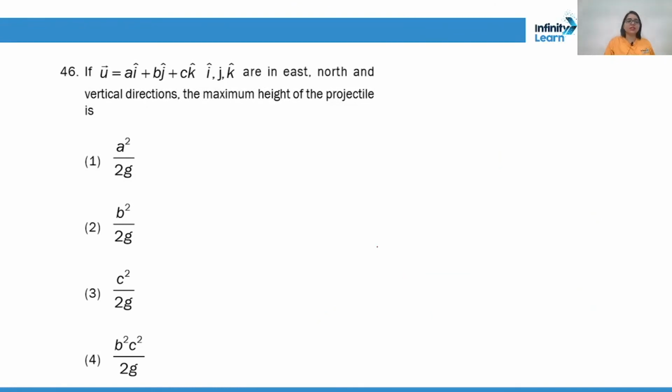Question number 46. If u vector is a i cap plus b j cap plus c k cap, where i, j, k are in east, north and vertical directions, the maximum height of the projectile is? So maximum height is basically given as u square sine square theta divided by 2g, but u is not given. Magnitude of u you can calculate, right? And sine theta is not given, right?